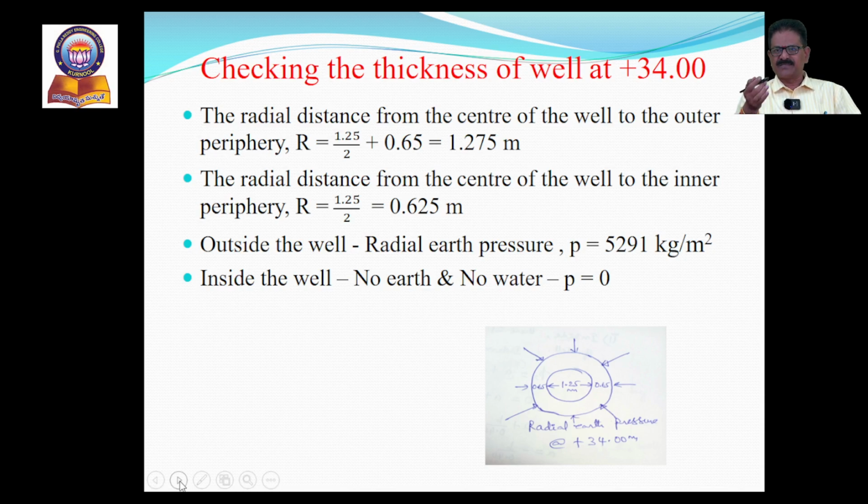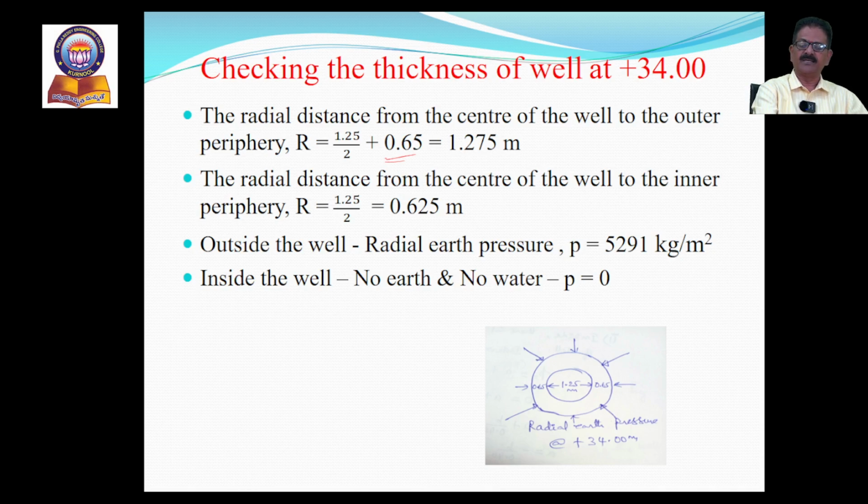The radial distance for this level, plus 34 meter also, is internal diameter divided by 2 plus thickness. This is the difference. In the previous case it was 0.45, now it is 0.65. As we are considering 34 meter, it means the bottom of the well, where the thickness is 65 centimeters we assumed.